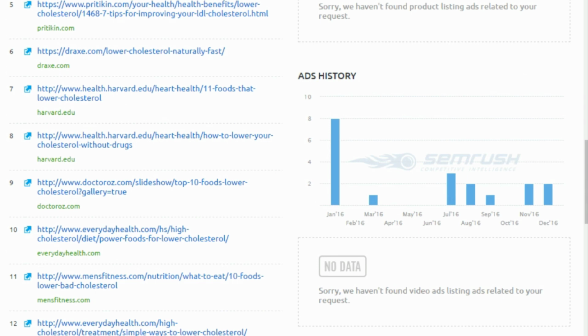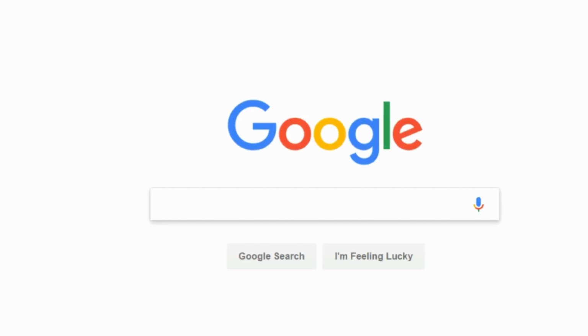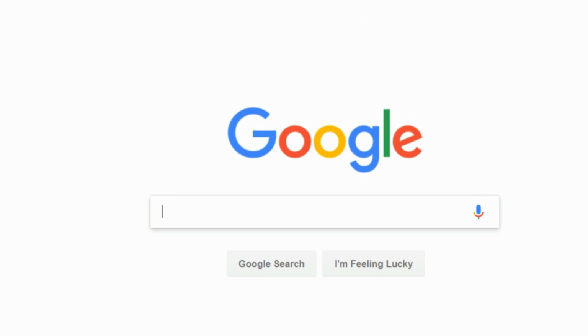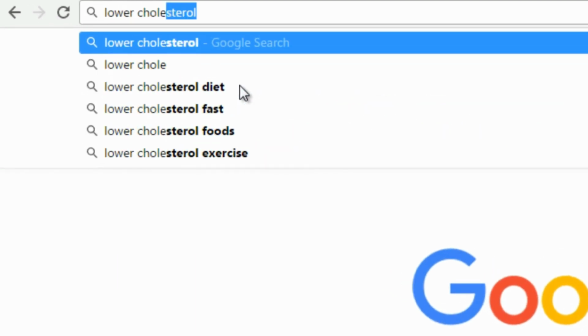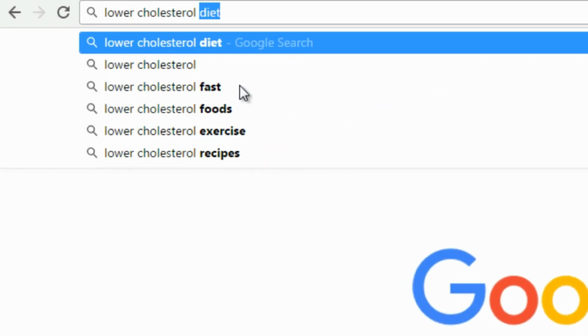In addition to this, if we head back over to google.com, and you put a keyword in the address bar, let's say lower cholesterol, you'll notice that as I begin to type, Google will try to complete your sentence with lower cholesterol diet, fast, foods, exercise, and recipes.